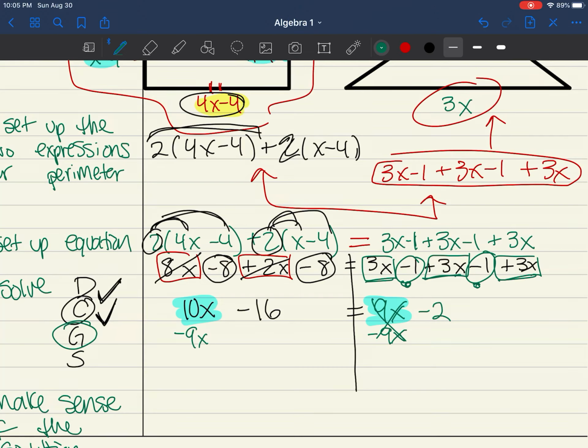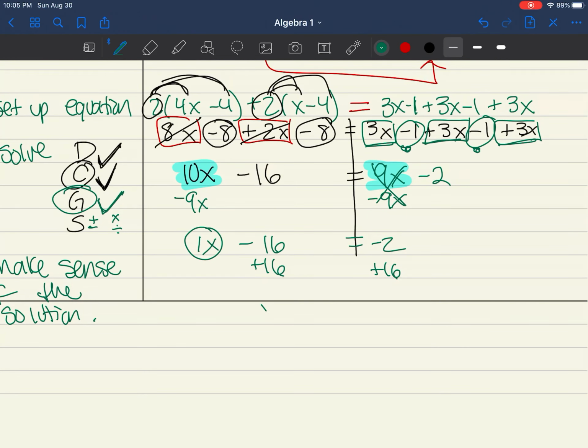So I'm left with 1x, or x, minus 16 equals negative 2. Now we're at the solve step. So plus or minus, multiply or divide. We're going to isolate x by adding 16 on both sides. And I'm going to have x, because that's the same as writing 1x, equals 14.